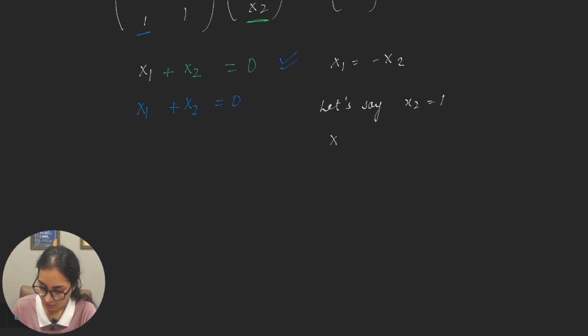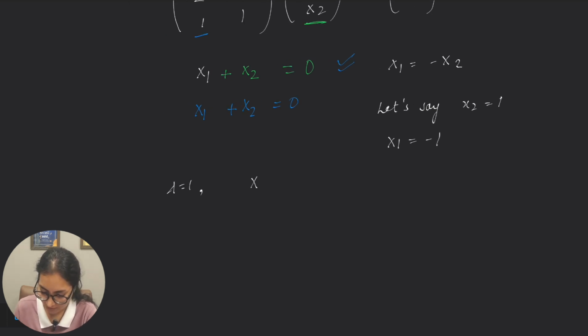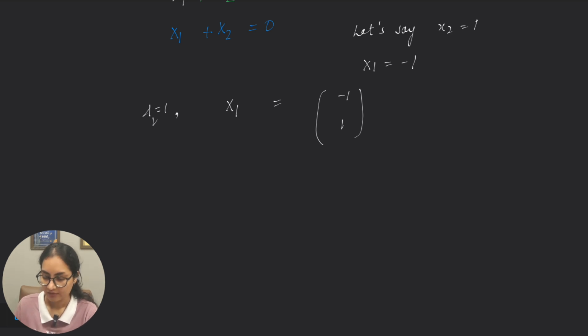If x2 is 1, x1 will be minus 1, and my eigenvector corresponding to lambda equals 1 would be x1 equals minus 1, 1. This is not normalized. In physics, we generally normalize our eigenvectors. That means we find a unique eigenvector for the eigenvalue lambda equals 1. So how do we normalize it? Let's say the coefficient is a, so a times minus 1 squared plus a times 1 squared should be unity.